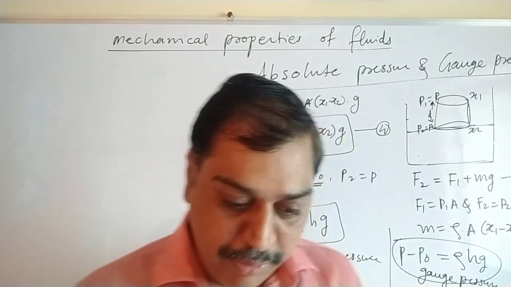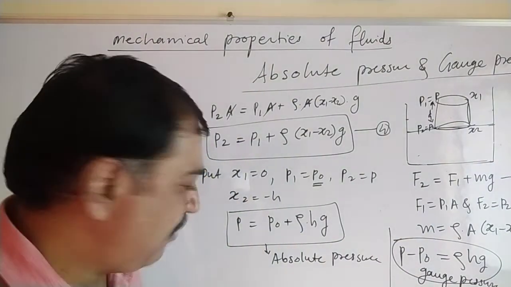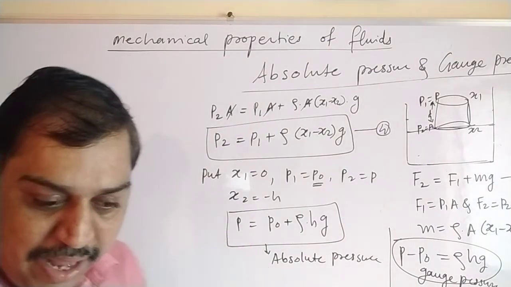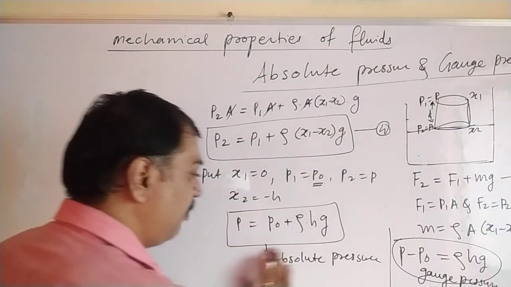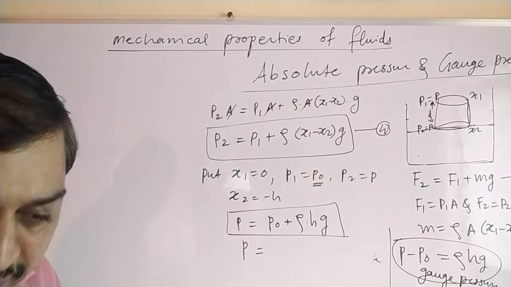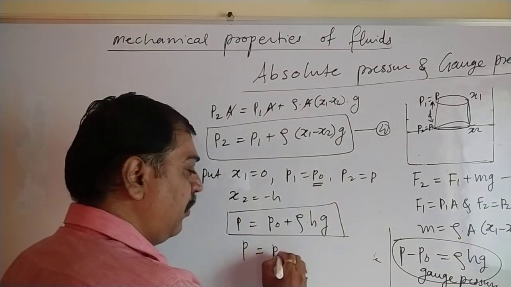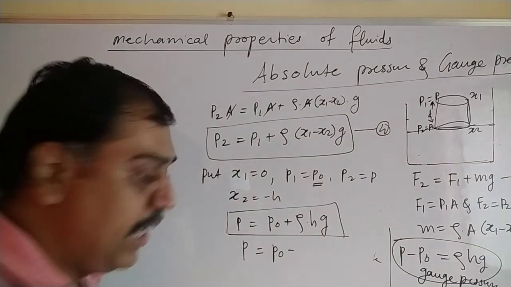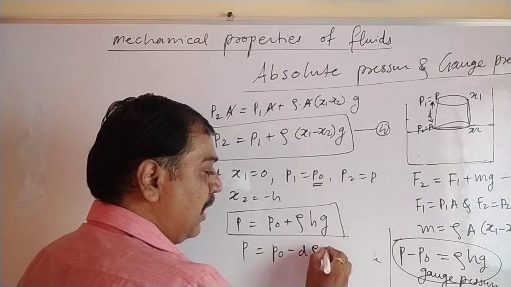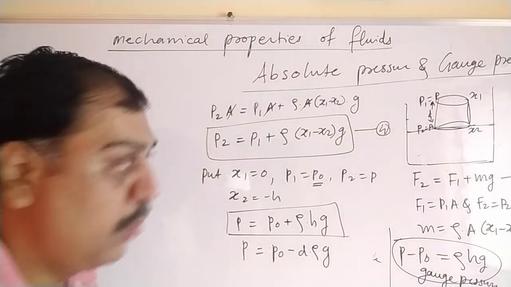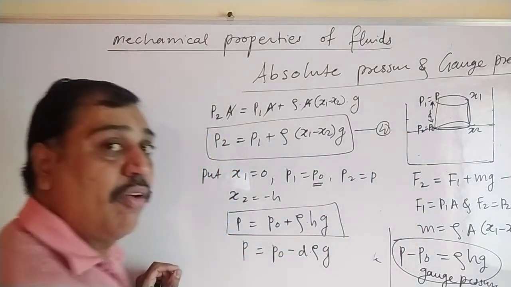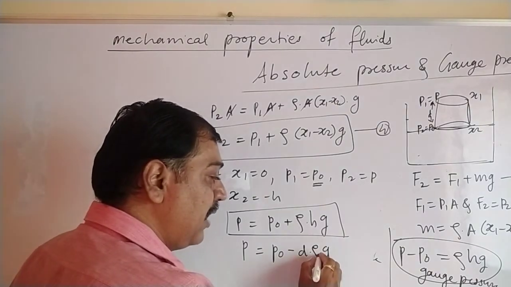Now if we put these values again in the same equation, we get a new equation. I will write it below this equation. So P equal to P0 minus d rho g, but here rho is the density of air, not the fluid.